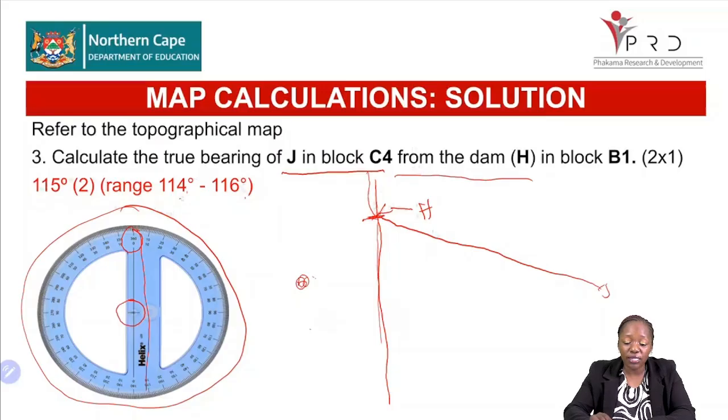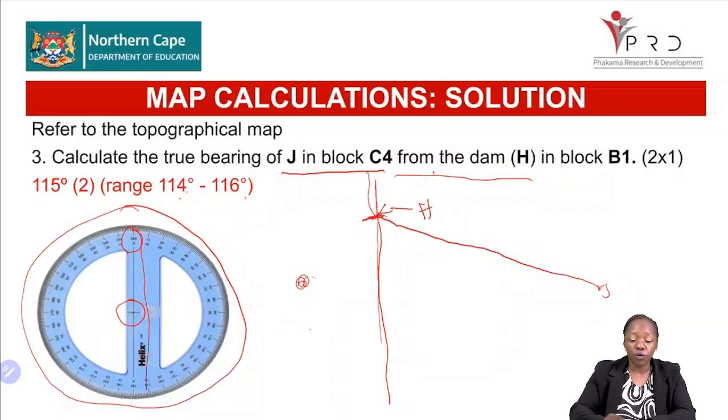The point that says from, it's the one that you draw your true north line, and then you connect with the second point. Once you connect with the second point, you then make a mark where you're going to place your protractor. So the cross in your protractor, it's the one that goes into that mark. And this line on the protractor is the one that goes on the true north line.